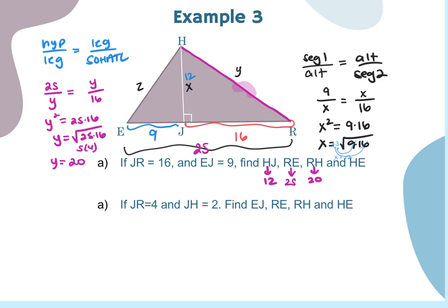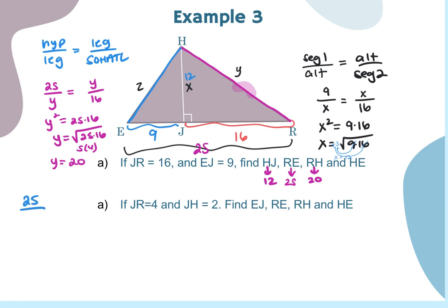Okay. So now I have three choices to find z. I can either use the Pythagorean theorem for the small triangle on the left, I can use the Pythagorean theorem on the big triangle, or I can set it up again, and that's what we're going to do just to practice it. I can set it up again with z being the leg I'm using. So hypotenuse is still 25.